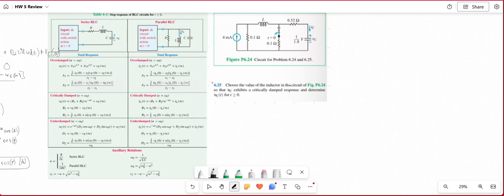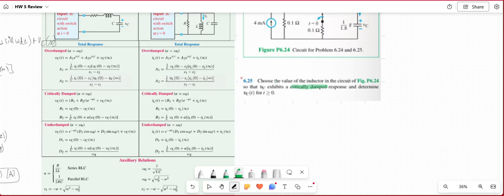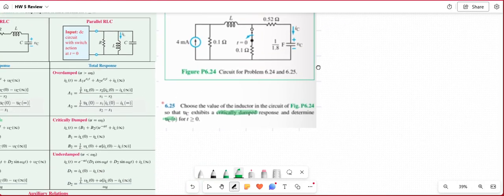All right. Choose the value of the inductor in the circuit so that VC exhibits a critically damped response. So we know it's critically damped, right? And it says determine VC at t. So we already know off the bat we're going to be using this box here because it's VC at t. All right.